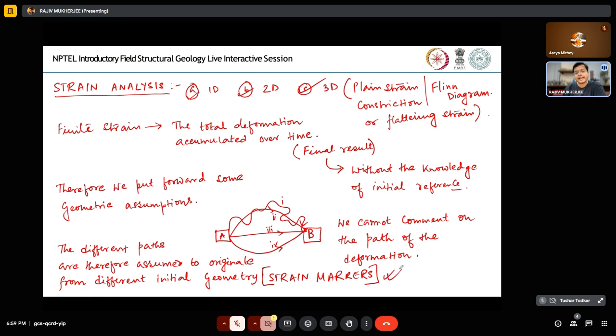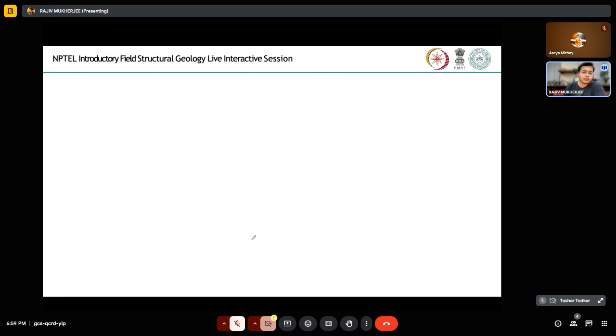And strain markers have a definition and some criteria which need to be fulfilled, and eventually we will call that object a strain marker. So now we should define what an ideal strain marker is.